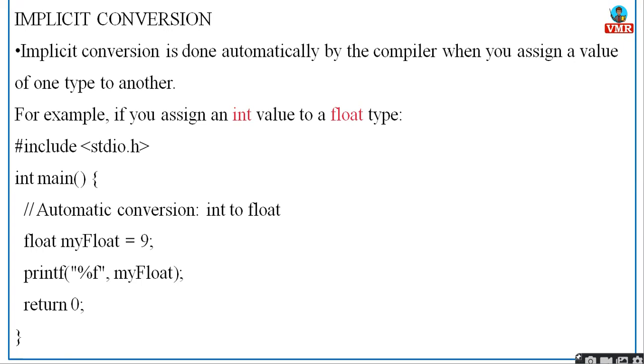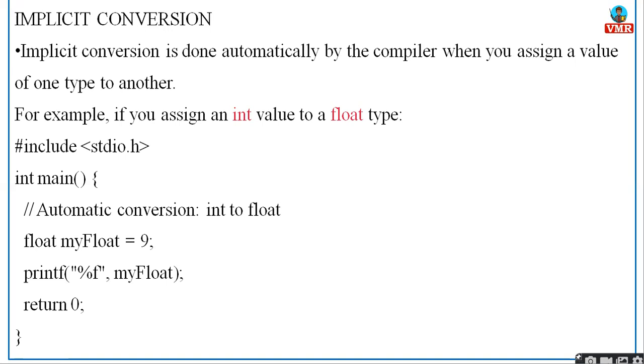For example, if you assign an int value to a float type: #include <stdio.h> is the preprocessor directive, then we start with main. I took one variable, data type float, named myFloat, and assigned the value 9.